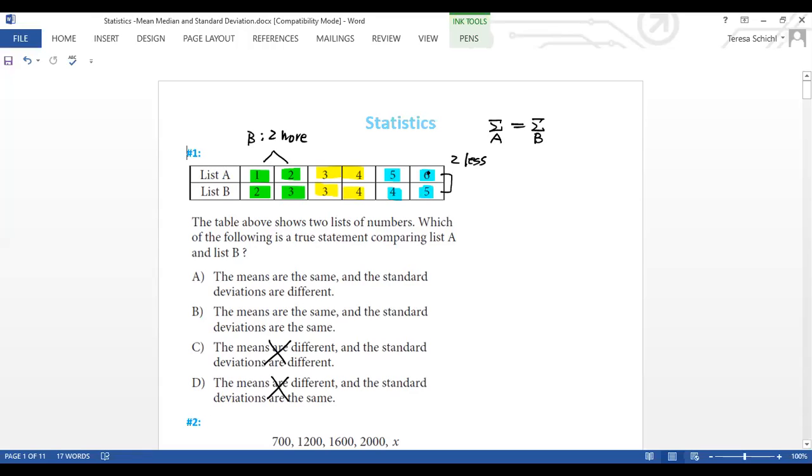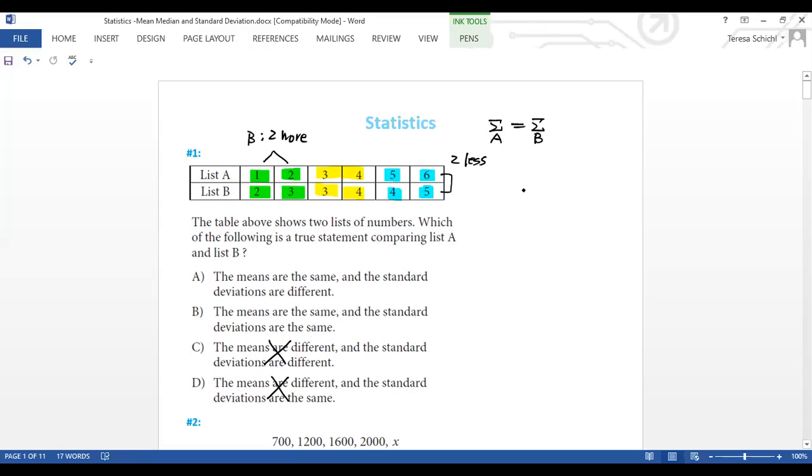But the 5, 6 here, then the B is, each one is 1 less, so total 2 less. But for these two here, B, each one is 1 more, so it's total 2 more. So they cancel each other out. That's why I know the mean of A is equal to B. All right, so I can cross that out.